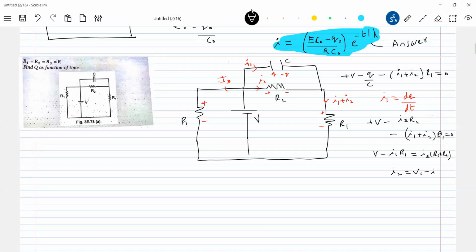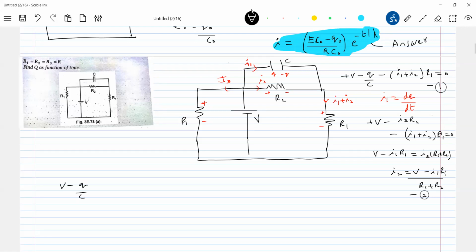Substituting this value of I2 in equation 1, put 2 in 1, then you'll get the whole equation in terms of I1 and dq. Then integrating will give the expression for charge.